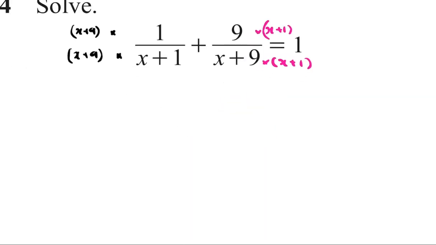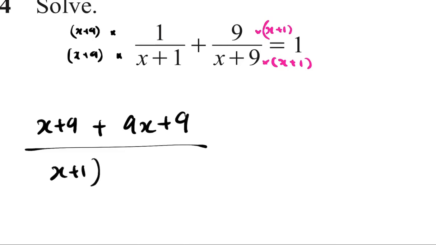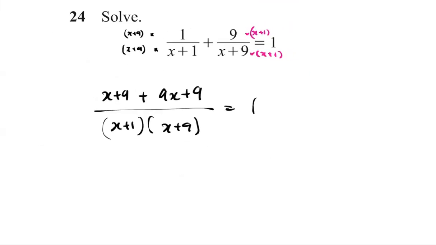And then we're just going to get our answer here, x plus 9 plus 9x plus 9 over x plus 1, x plus 9 equals 1. Okay, now we can solve it. Simplify it first. We got 10x plus 18 is equal to x plus 1, x plus 9.